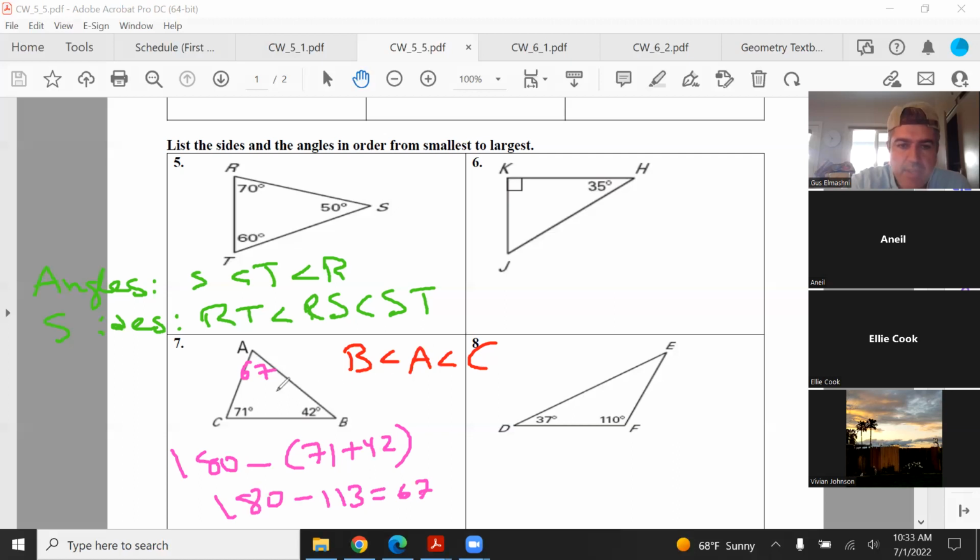And for the sides, obviously AC is less than BC, less than AB. Right? AC is opposite the smallest angle, BC opposite the middle angle, AB opposite the largest angle.